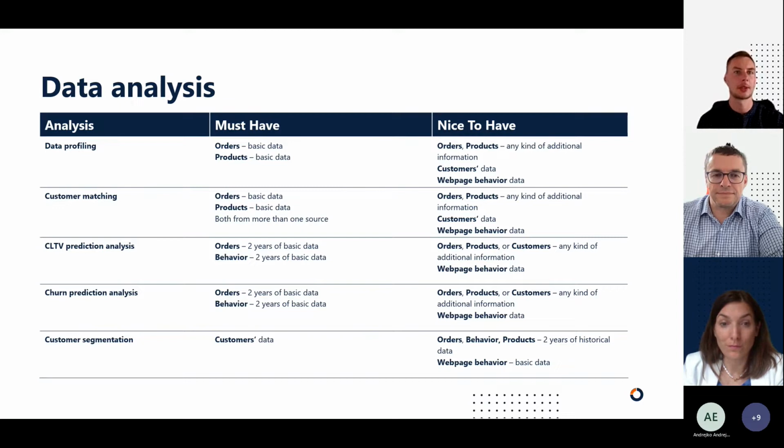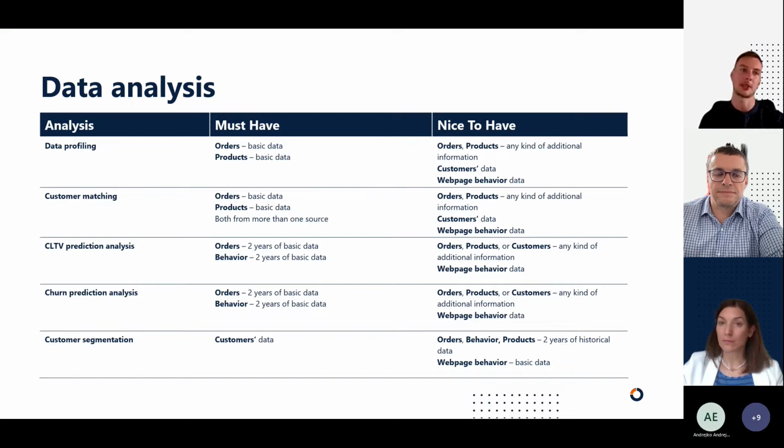Then I talked about the predictive analytics. I mentioned the CLTV prediction and the churn prediction. So the data you need for that, as I have mentioned, is 2 years of historical customer data. So mostly data about orders and the behavior of your customers. And lastly, we discussed the customer segmentation.